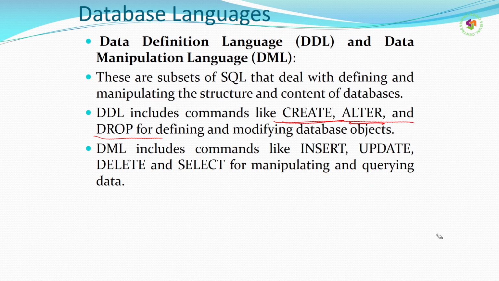Next, the update command. The update command is used to update the value of a table. In a table, if there is any mistaken value, any value entered by mistake, you can replace it by using the update command. The syntax is update table name.